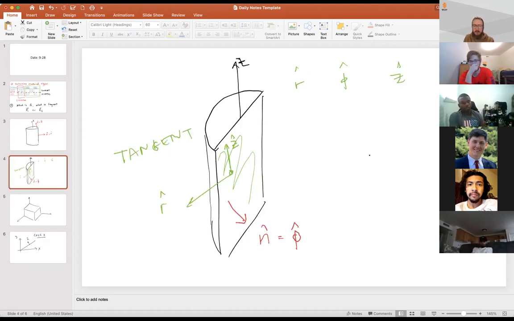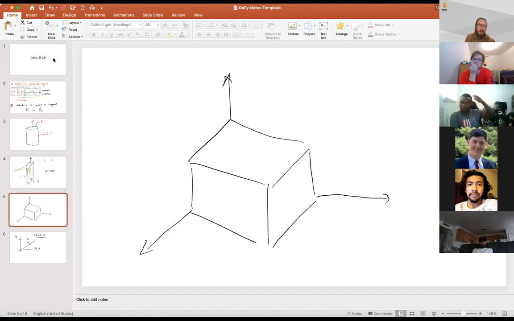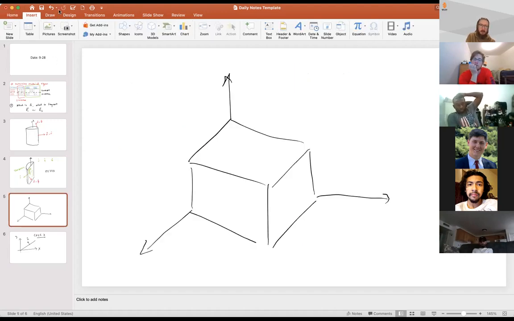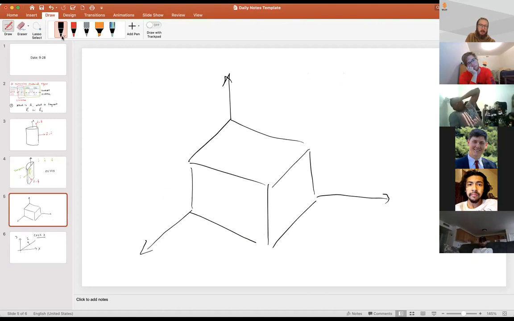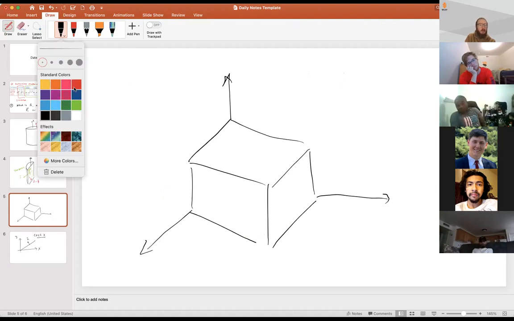In our class, we'll stick with some of the simple ones. I say simple because in this case this is a cylinder in cylindrical coordinates, and if we did the same thing we would deal with cubes or rectangles in Cartesian coordinates.